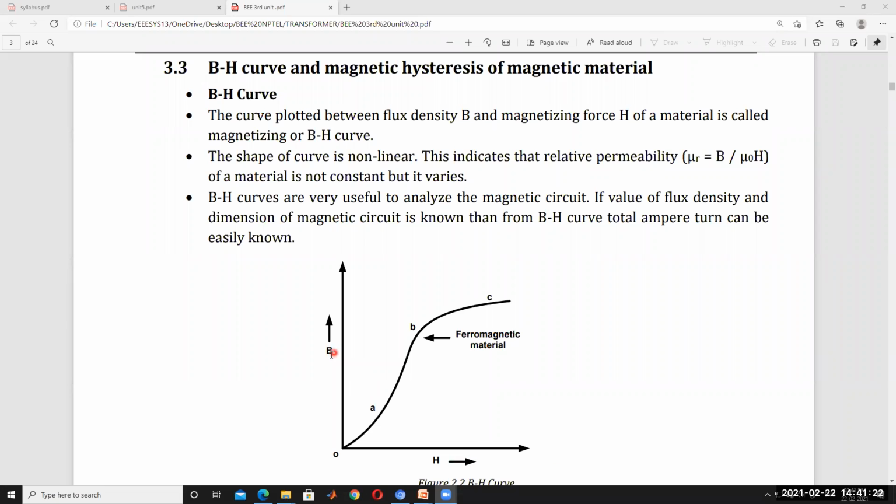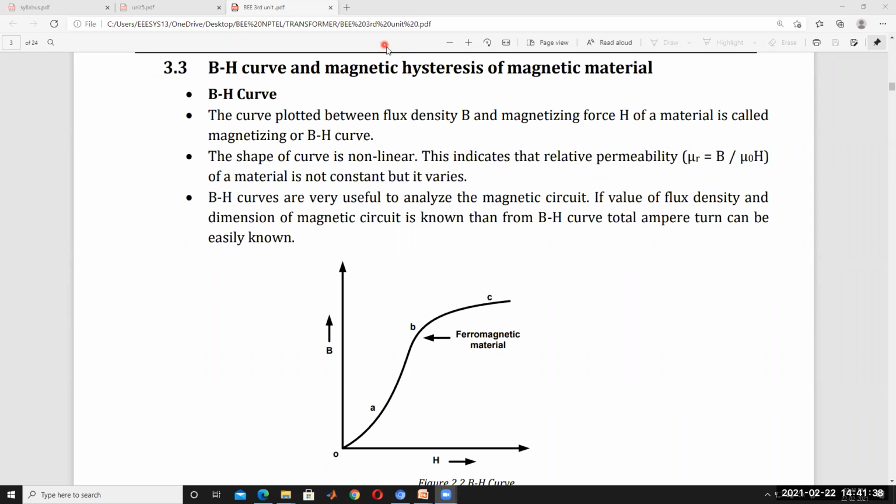Generally, magnetic flux density is proportional to the voltage, and magnetic field intensity H is proportional to the current.